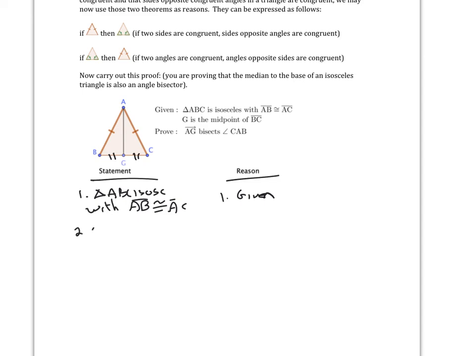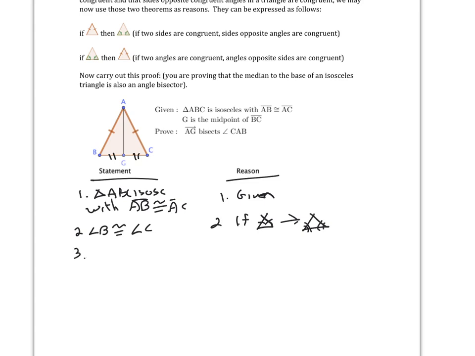Now we can say that angle B is congruent to angle C. The reason is that if opposite sides are congruent, then their base angles are congruent.